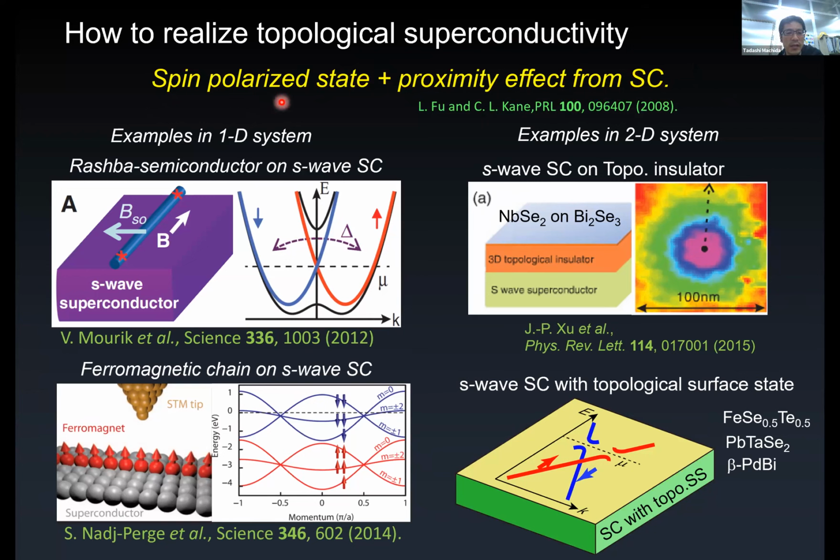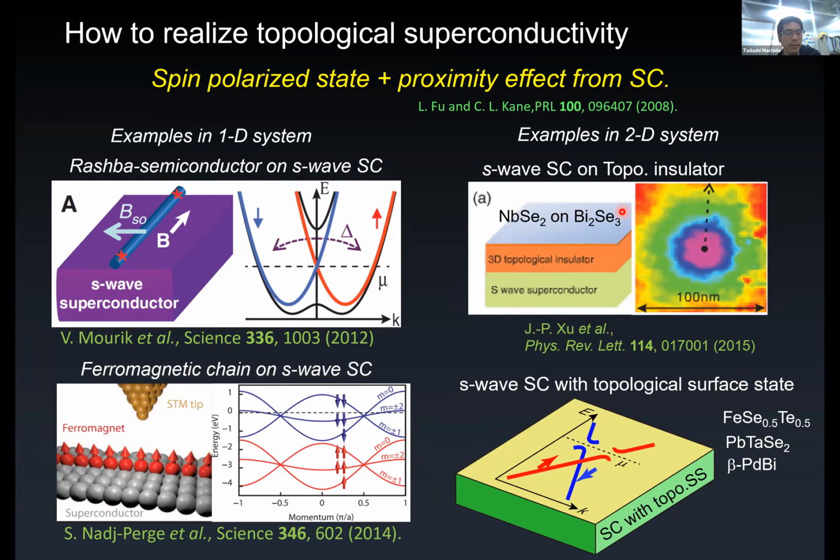And by using these very nice ideas, several candidate systems for chiral p-wave topological superconductivity have been proposed, as shown here. For example, Rashba semiconductor nanowires put on s-wave superconductors, ferromagnetic atomic chains on s-wave superconductors, and heterostructures between topological insulators and conventional superconductors.